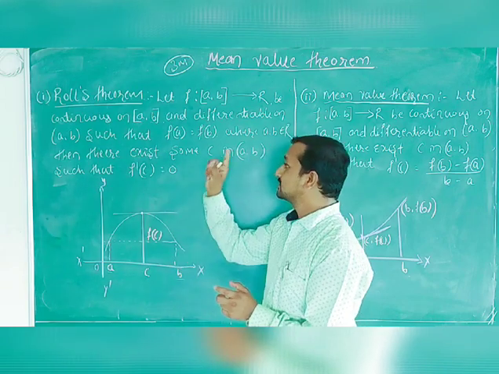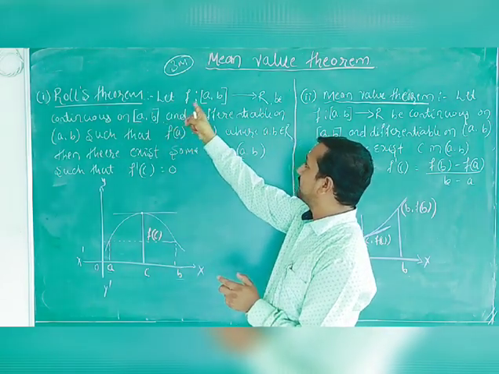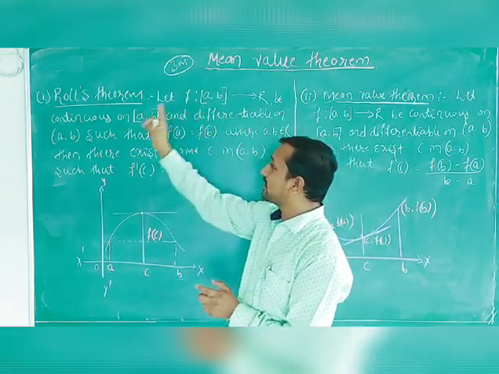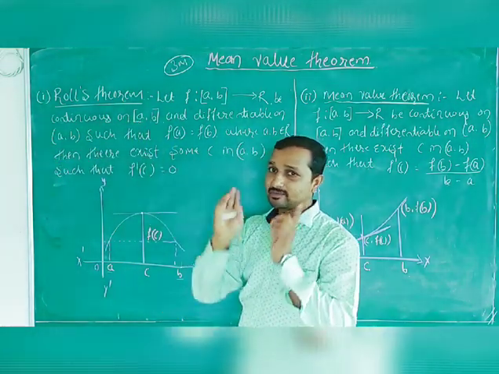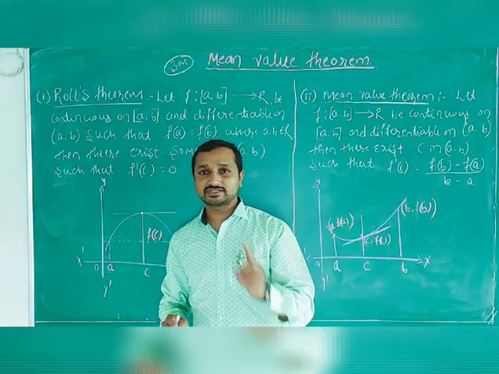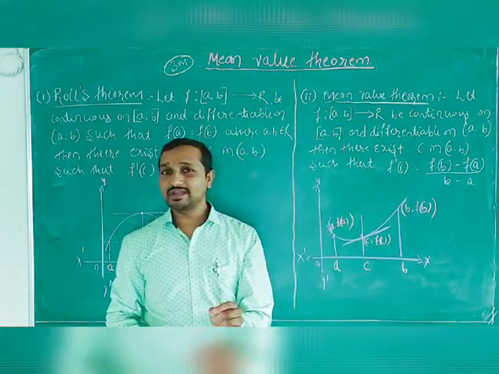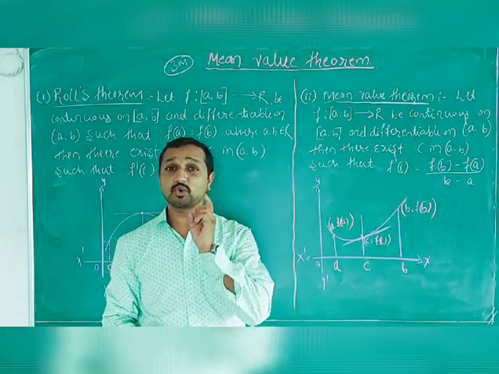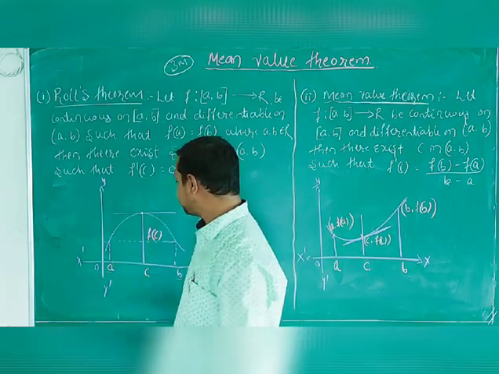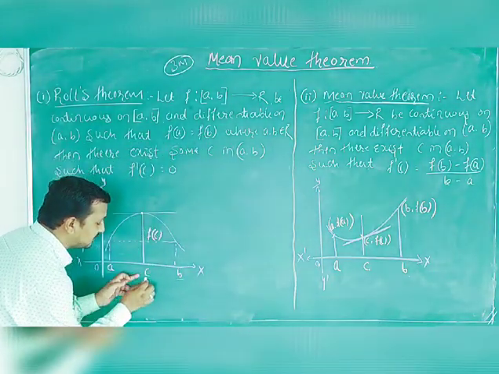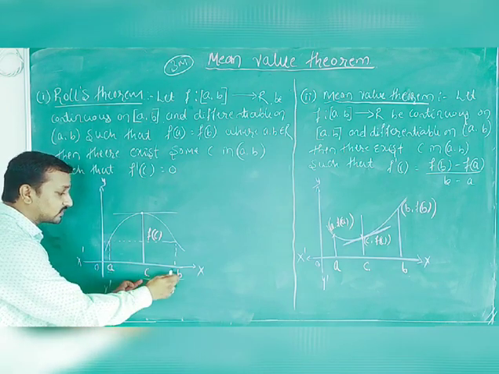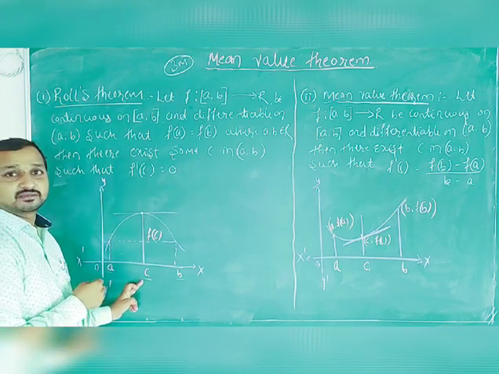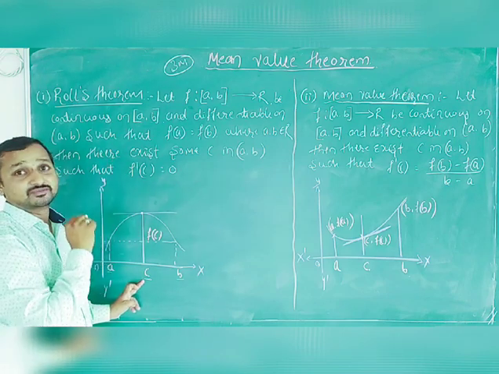Remember that every continuous function is on a closed interval and every differentiable function is on an open interval. So here, for all c belonging to the open interval (a, b). Why the open interval? Because this is the concept of derivative.